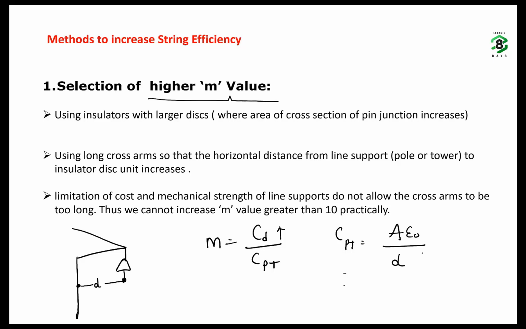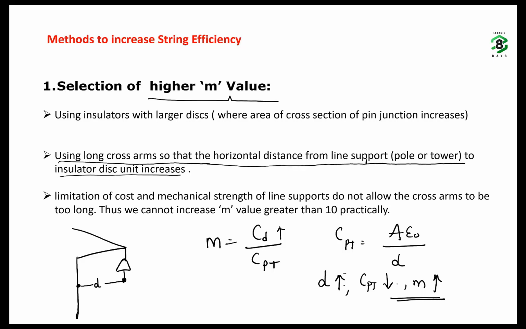Once D value increases, CPT decreases. Once CPT value decreases, M value will increase. So one method is to increase the length of the cross arm to increase the M value, using longer cross arms so that the horizontal distance from the line support to the insulator disc unit increases. With this we can achieve a higher M value.